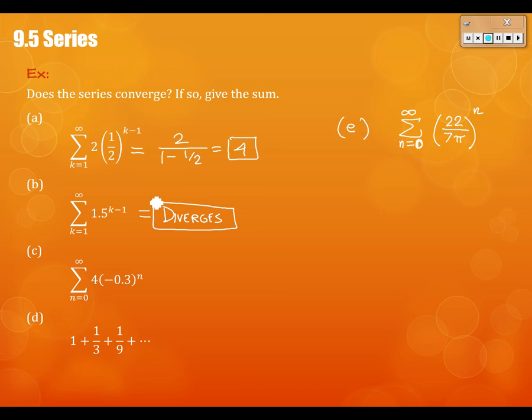But also, we told you that R has to be, what's the reason it diverges? Yeah, because 1.5, our R value, is greater than 1 in absolute value.